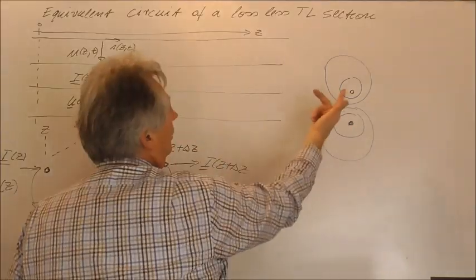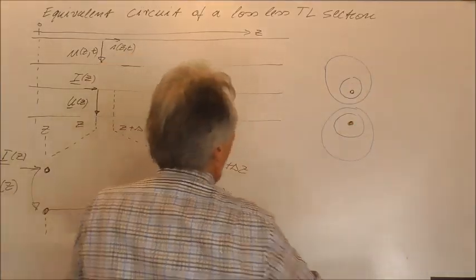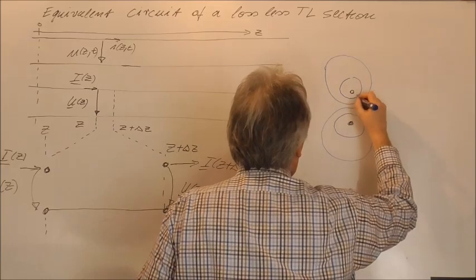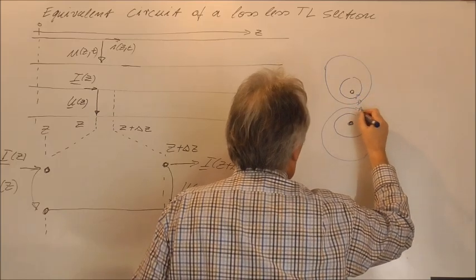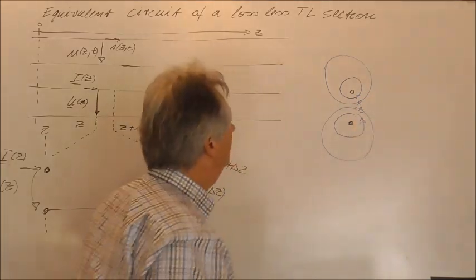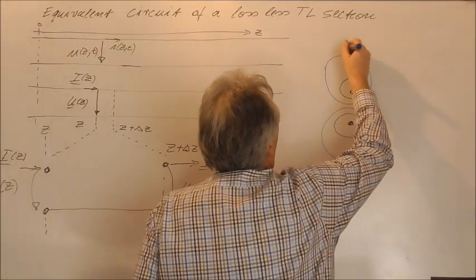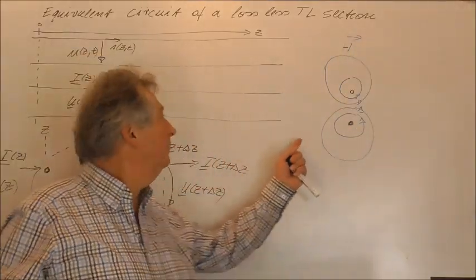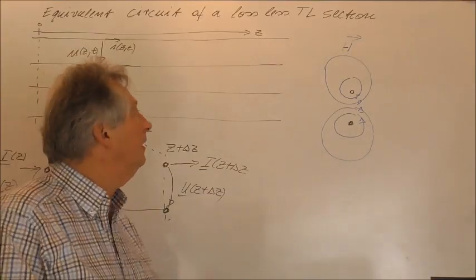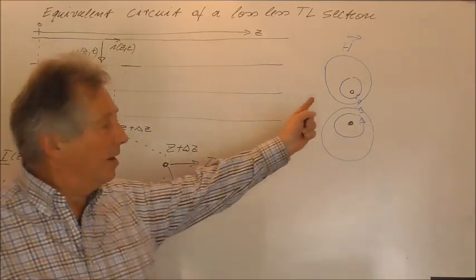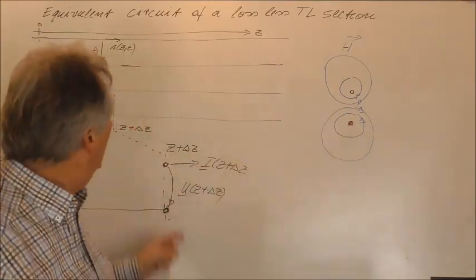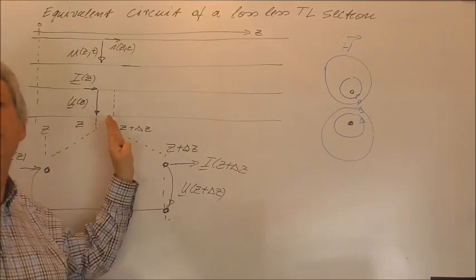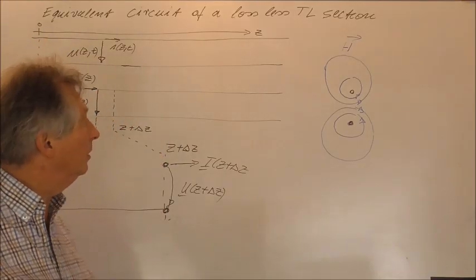And if the current is flowing in this direction, then the magnetic field lines will be like this, and this is the magnetic field. And of course, everywhere where we have a magnetic field, there will be stored magnetic field energy in this section.